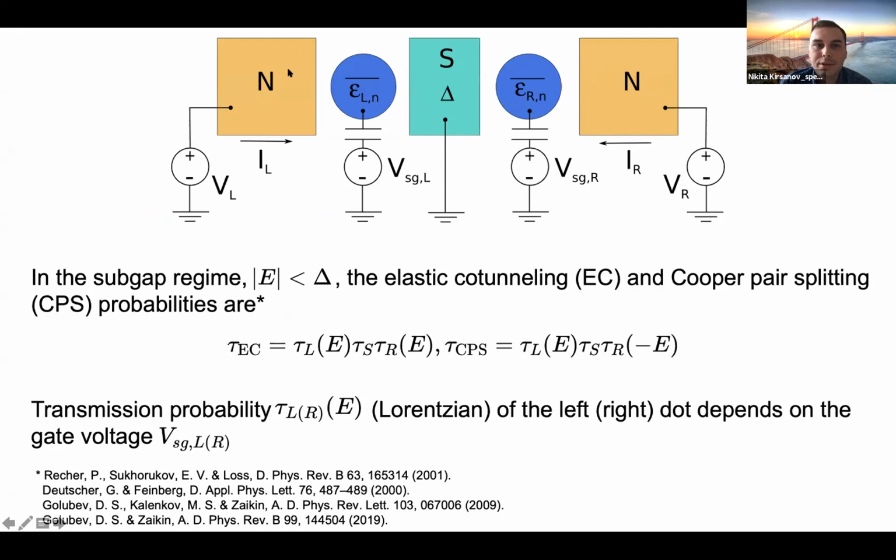And we have the Cooper pair splitting when an electron from the left is transmitted through the structure as a hole to the right.